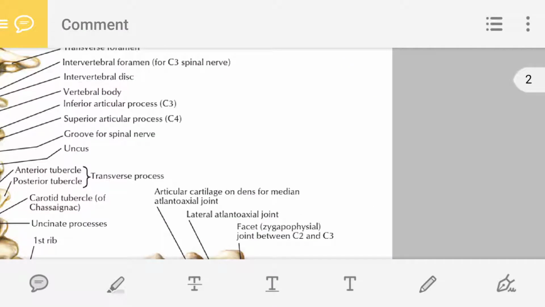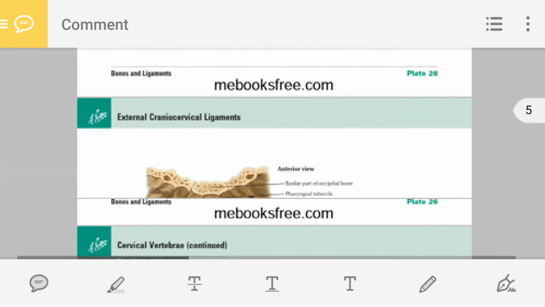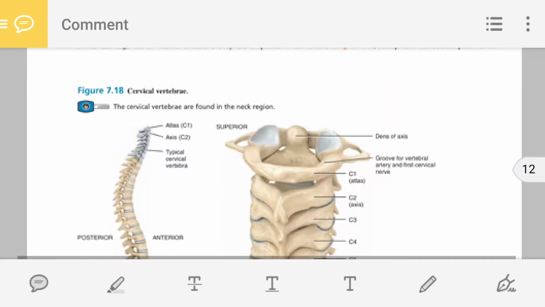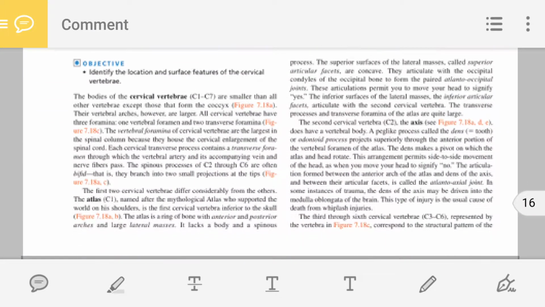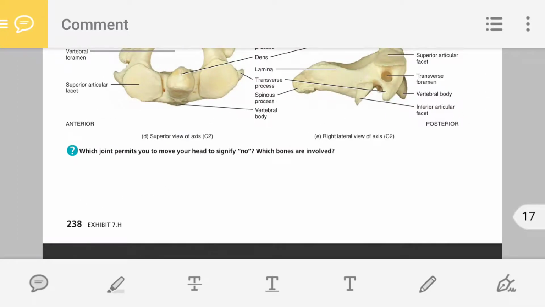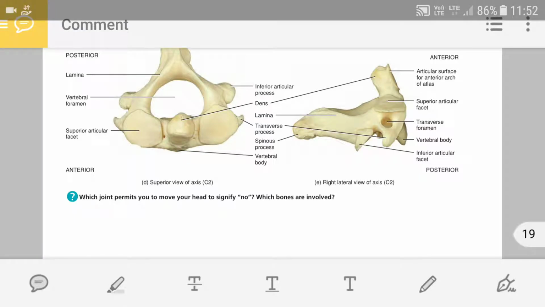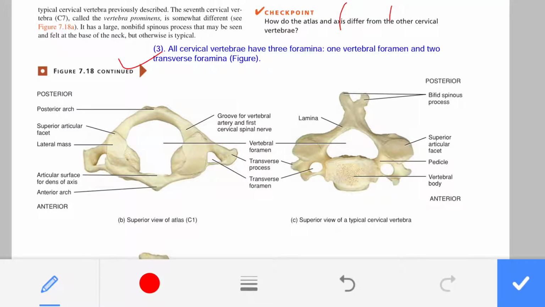Now we are moving on to the third point of this presentation lecture. I am just scrolling down. There are so many figures in this. It is taking time, but okay, now this is the third point of today's discussion: all cervical vertebrae have three foramina.